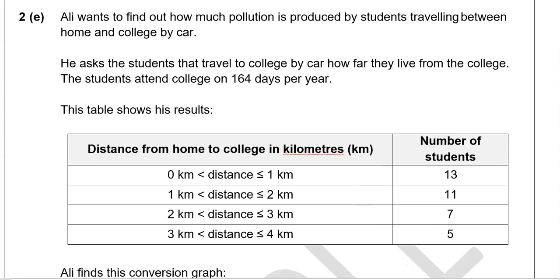Ali wants to find out how much pollution is produced by students traveling between home and college by car. He asked the students that travel to college by car how far they live from the college. The students attend college on 164 days per year. This table shows his results.